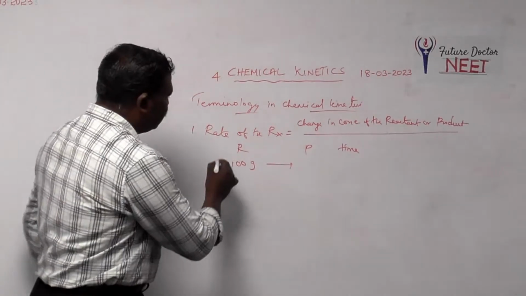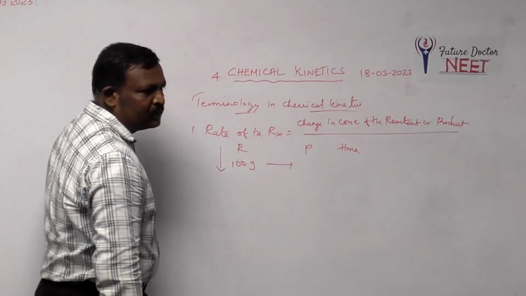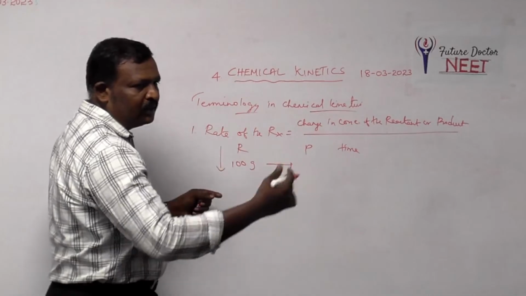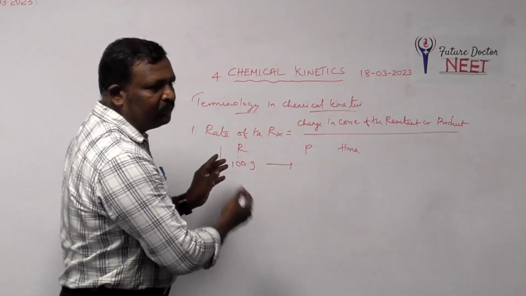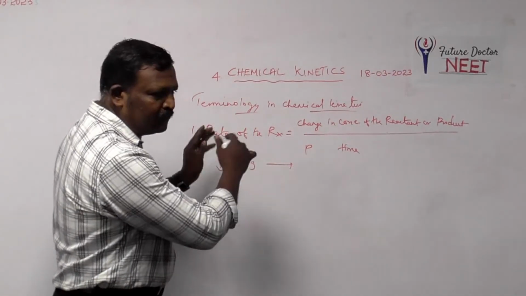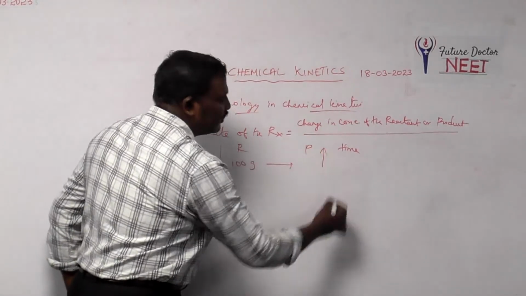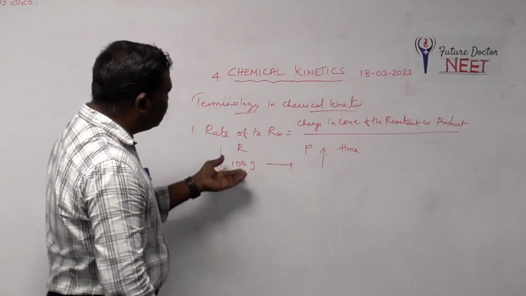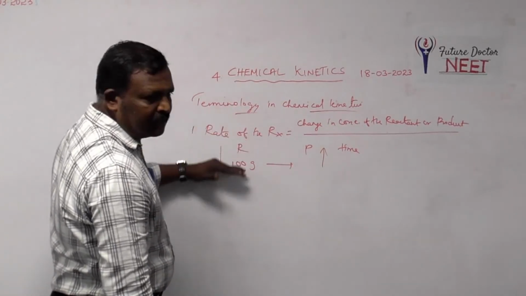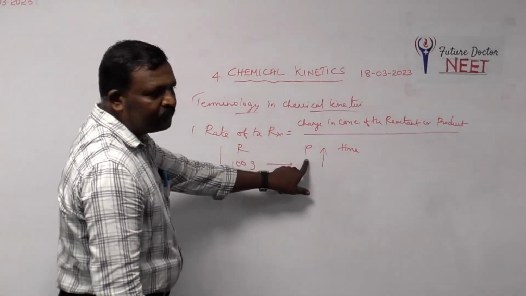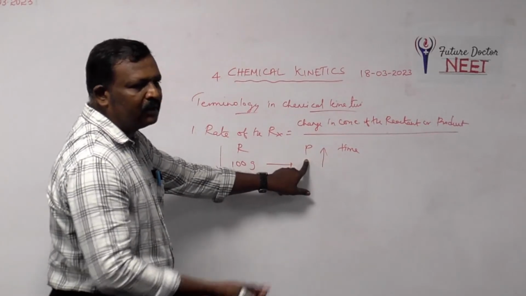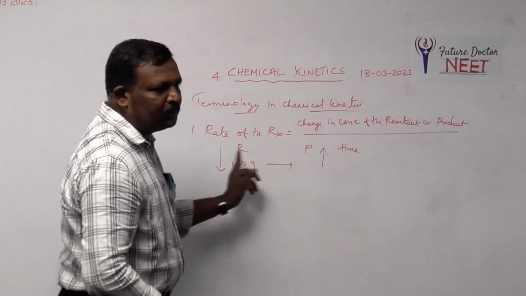The 100 gram goes on decreasing. Whenever the reaction is going on, the 100 gram is not present as it is; it is reduced. Which one increases? When the reaction takes place, the concentration of the reactant decreases and the concentration of the product increases. There are some changes taking place.